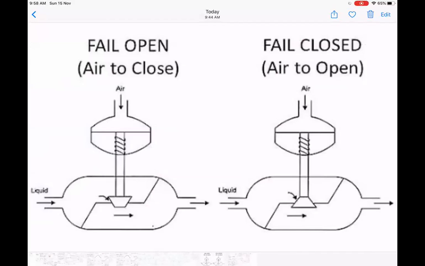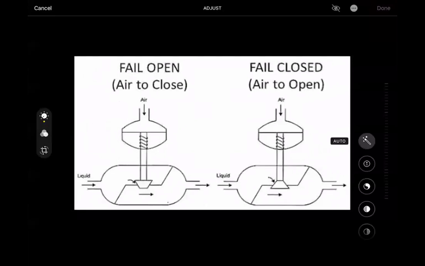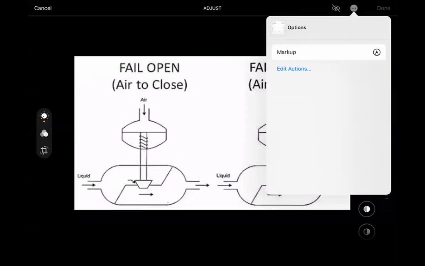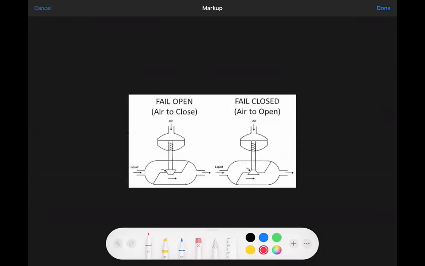There are two types of valves we have. One is air to close, another is air to open. In air to close, you apply the air pressure here, where you have the air.